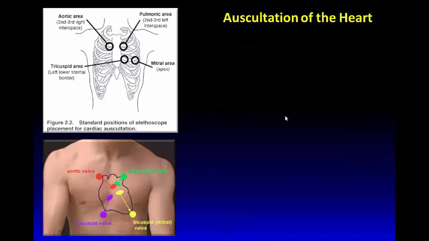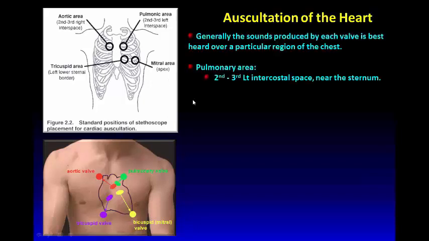When we auscultate the heart, we place the stethoscope on standard positions on the anterior chest wall. This is because generally the sounds which are produced by the closure of each cardiac valve is best heard over a particular region of the anterior chest wall.